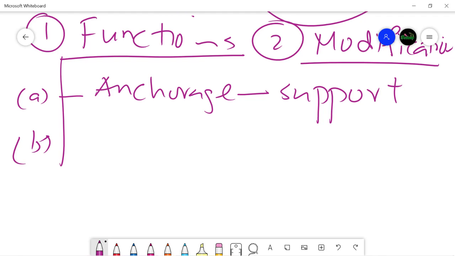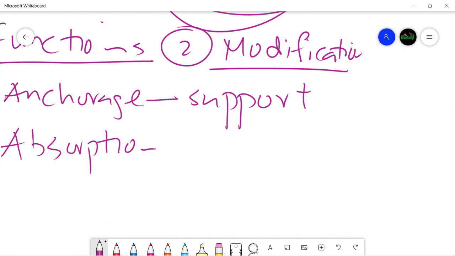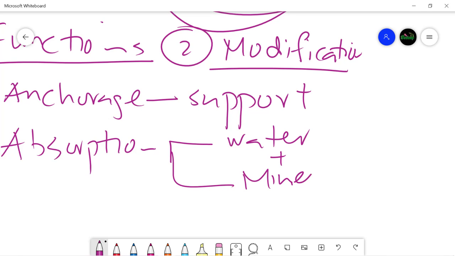Second, absorption. These are the two most obvious basic functions of the roots. Absorption of water plus minerals. So these are the two basic functions: support, anchorage, and absorption.